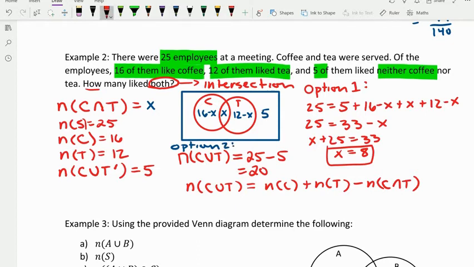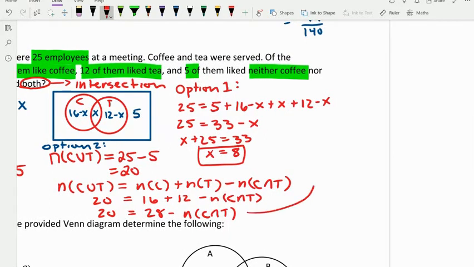Once we fill in our numbers, 20 equals coffee drinkers 16, tea drinkers 12, minus the intersection of both. 20 equals 28 minus the intersection of both. And solving this, we could add the intersection to both sides.